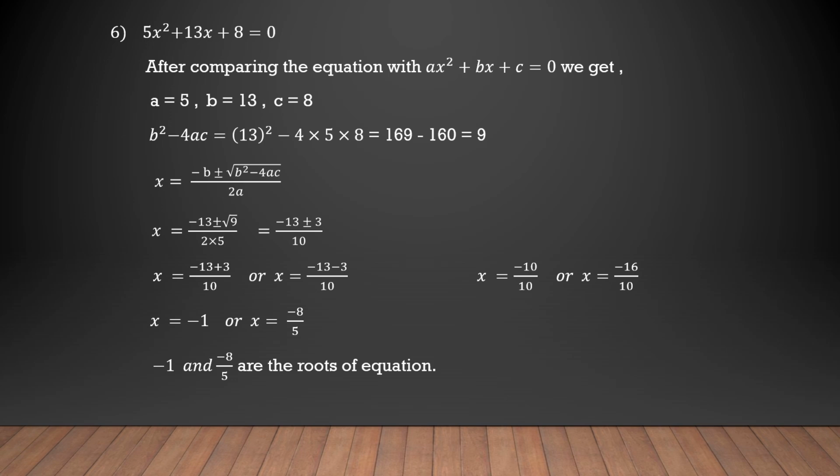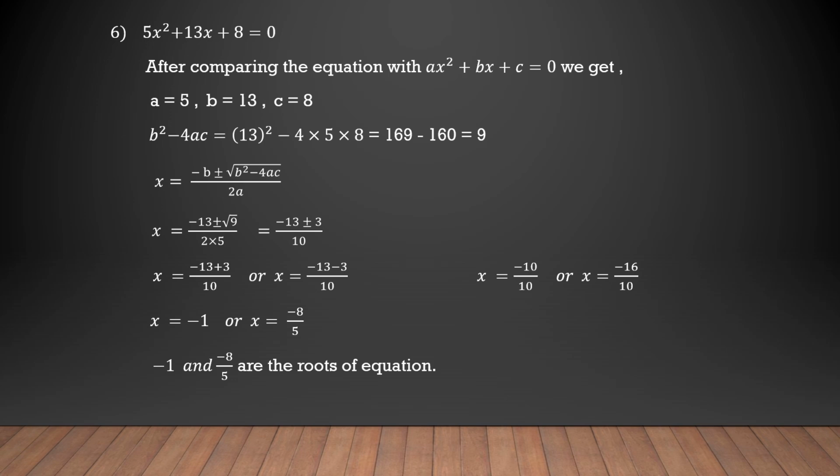Then we write formula x is equal to minus b plus minus root of b square minus 4ac by 2a. Then we put the value of all the terms in this formula. So x is equal to b is 13.